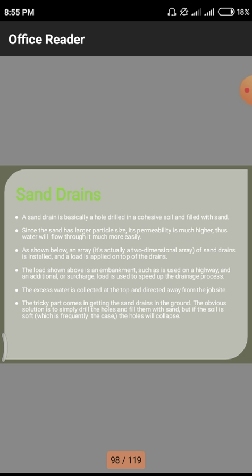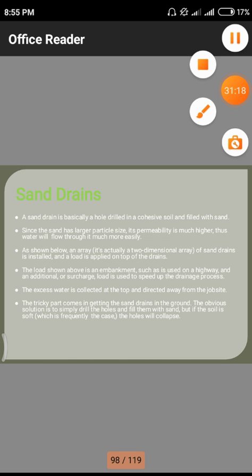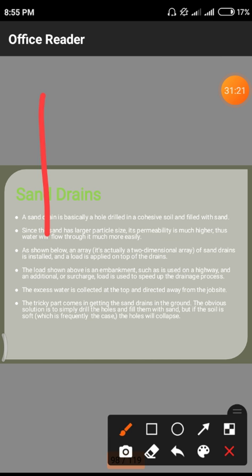A sand drain is basically a hole drilled in a cohesive soil and filled with sand. Whatever strata we have, we need to choose a particular field and divide it into grids. We have an idea of these grids.